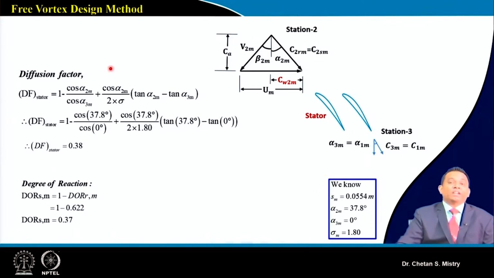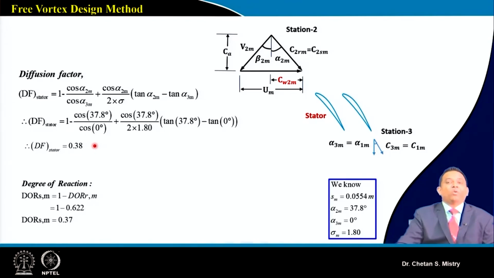Remember, when discussing the diffusion factor calculation for the rotor, we took flow angles beta 1 and beta 2. In line with that, for the stator we consider alpha 1 and alpha 2. For our case, the entry is alpha 2 and the exit is alpha 3. Putting in all these numbers, my diffusion factor for the stator is coming 0.38.